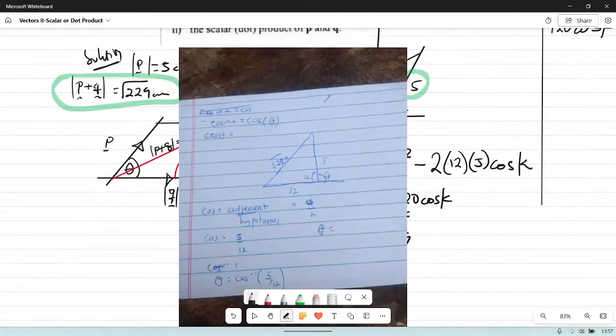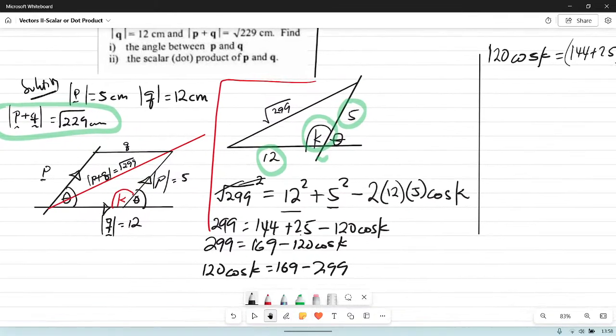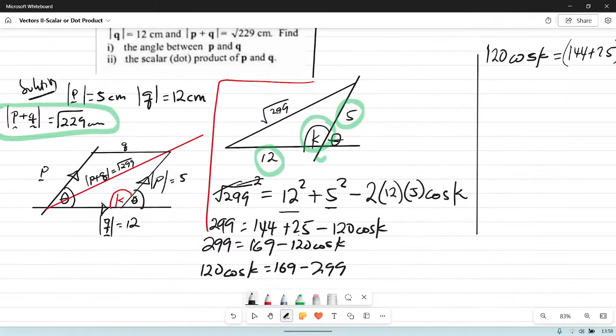No, this one won't work, because k is not 90. There's no angle of 90 degrees there, and unless it is 90 degrees, you can't use that method. This method should work.